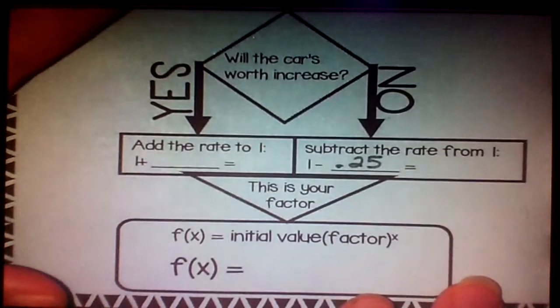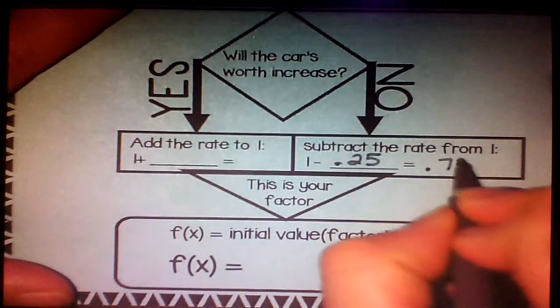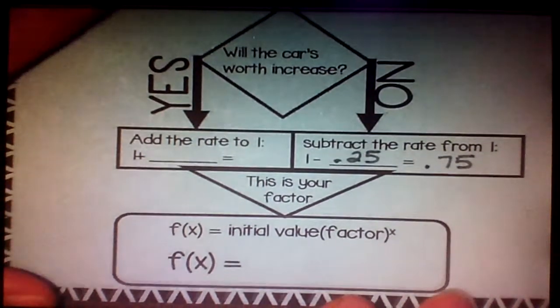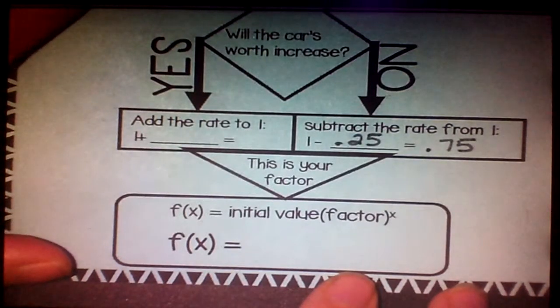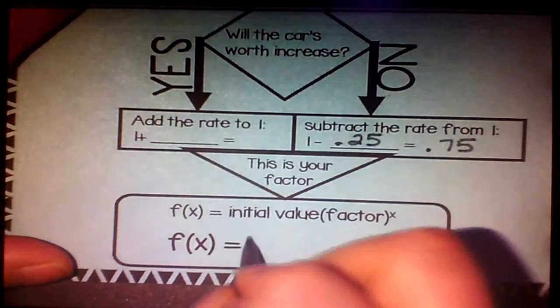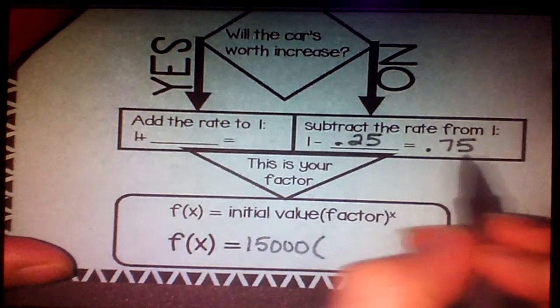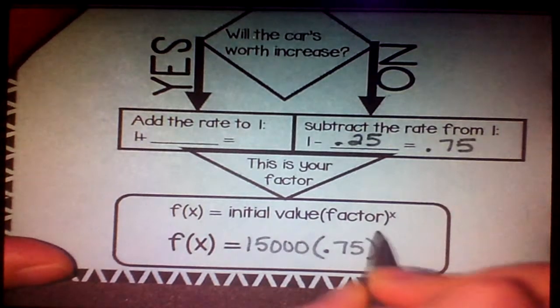What's 1 minus 0.25? 0.75. Okay, so now you have all of your pieces. My initial value you told me was 15,000. My factor is that 0.75 that you just got, raised to the x.